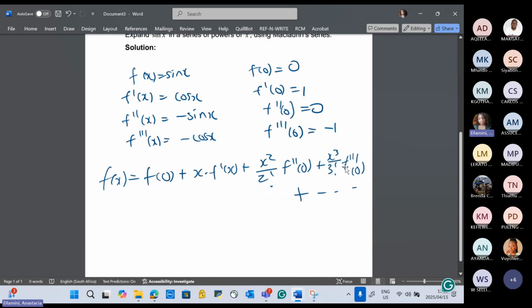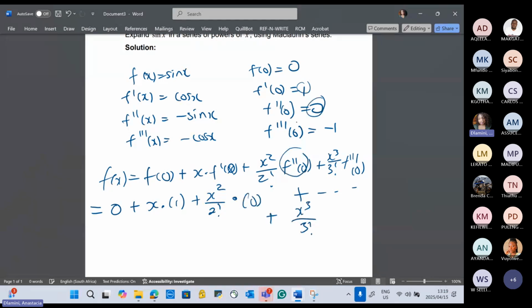Then you can say f of 0 is 0, plus x times 1, plus x squared over 2 factorial times 0, plus x cubed over 3 factorial times f triple prime at 0, which is negative 1.